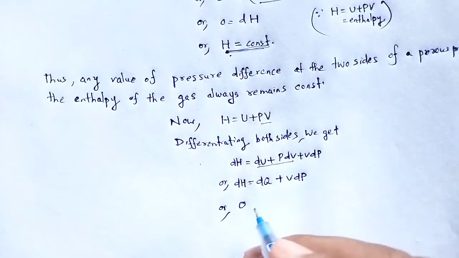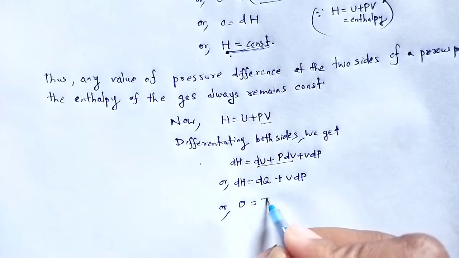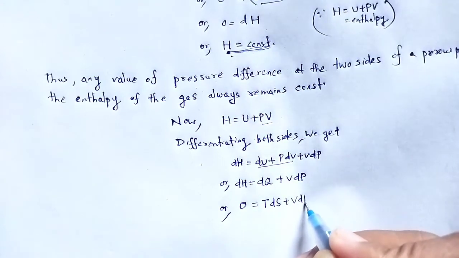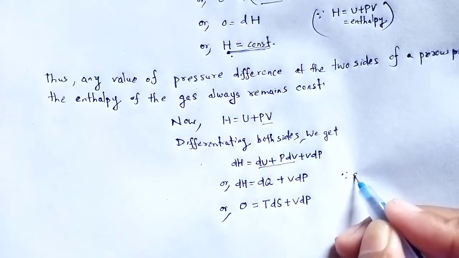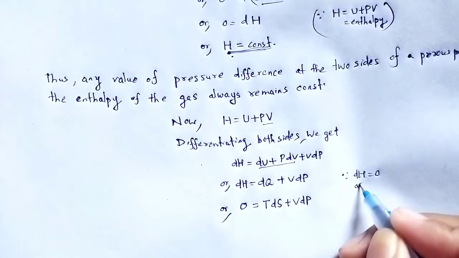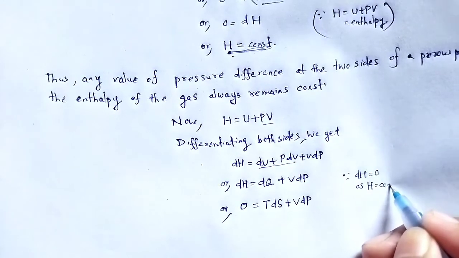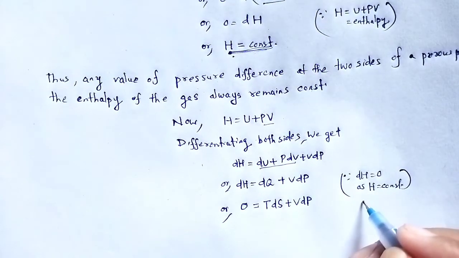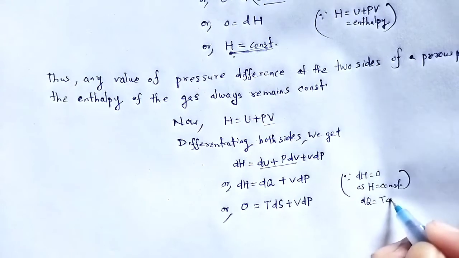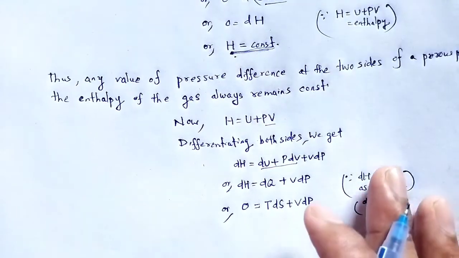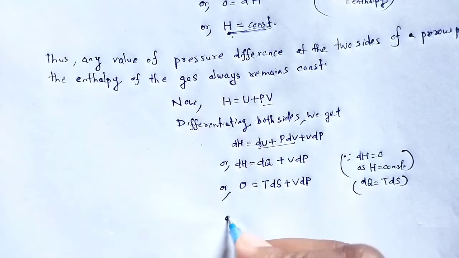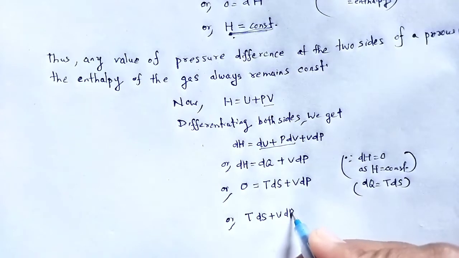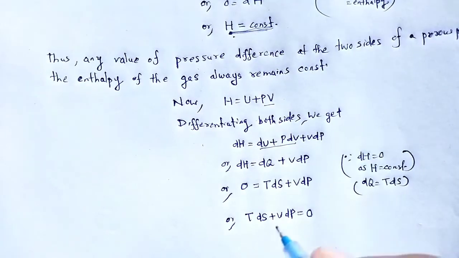And from the second law of thermodynamics, dq is equal to TdS. Substituting dH is equal to 0 and dq is equal to TdS, we get TdS plus VdP is equal to 0.